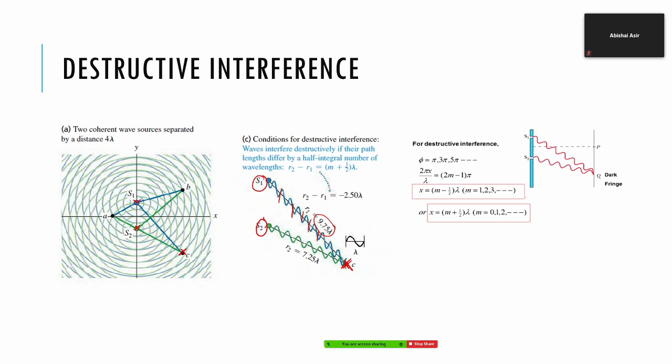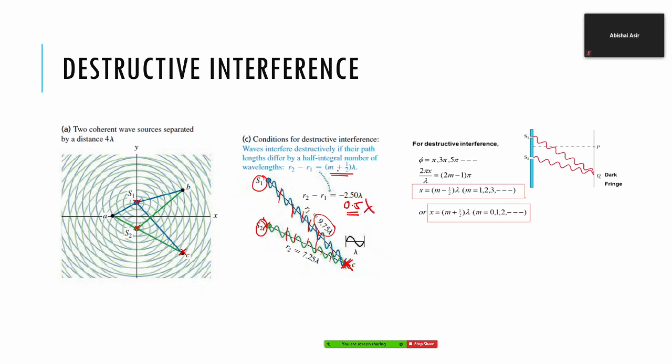If you come from source number 2, you measure 1, 2, 3, 4, 5, 6, 7, and it will come with 7.25 lambda at C. Both of them overlap at C. If they overlap with m plus half lambda, it means a difference of 0.5 lambda.